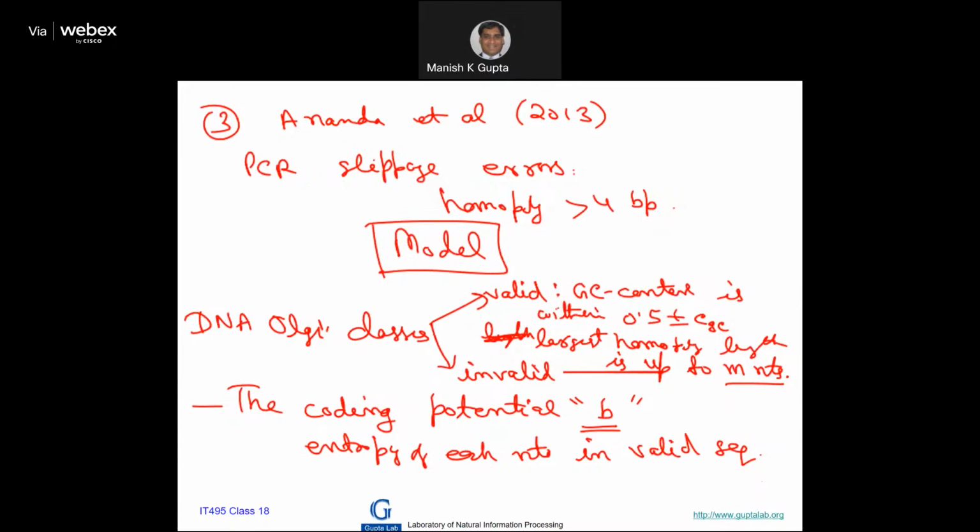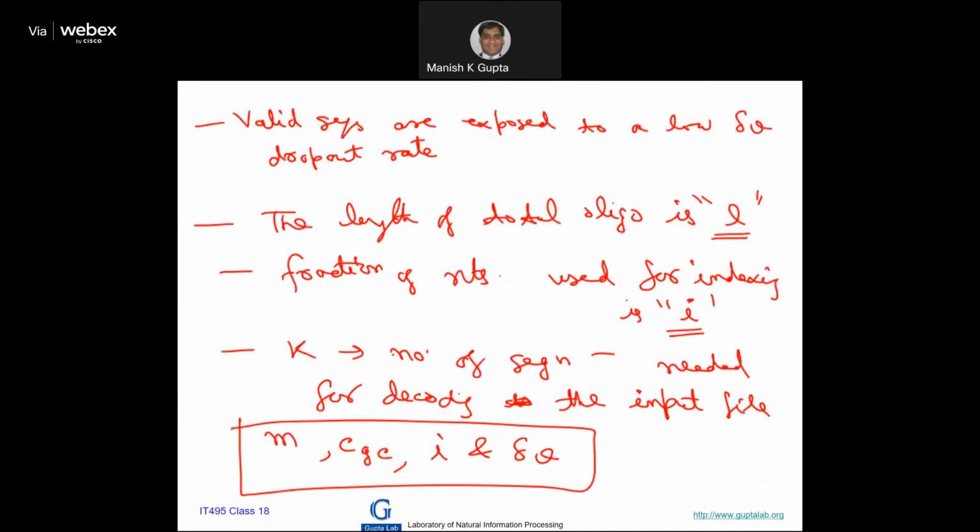And the coding potential B is the entropy of each nucleotide in a valid sequence, and then we gave certain formulas. So basically, the model is controlled by 4 parameters. M, which is the homopolymer run length of any nucleotide. CGC, the controlling parameter for the GC content.